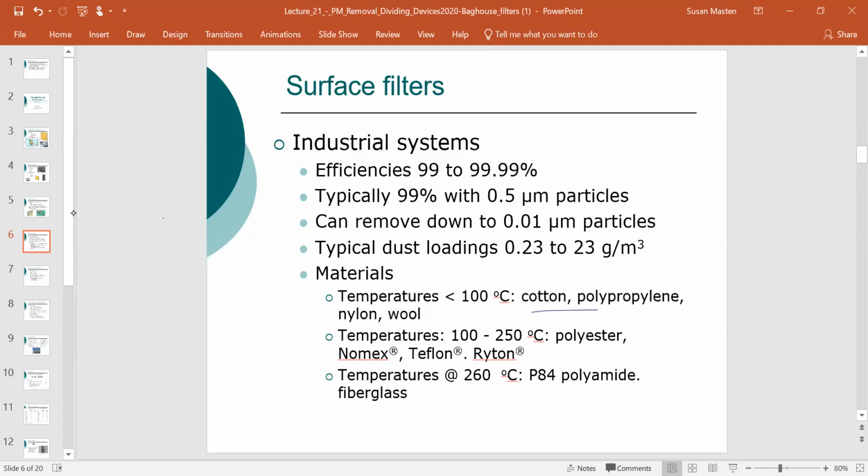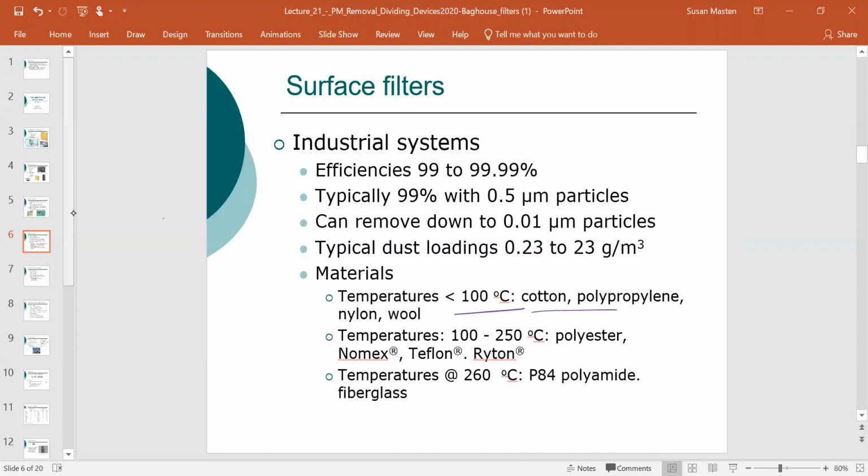So for instance, if you're looking at cotton or polypropylene, you're looking at temperatures less than 100 degrees C. If we need to treat a gas stream at temperatures greater than that, between 100 to about 250 degrees C, then we're looking at some polyester, some Teflon, very specific proprietary materials. And then we can go even higher to 260, and now we're looking at polyamides or fiberglass.